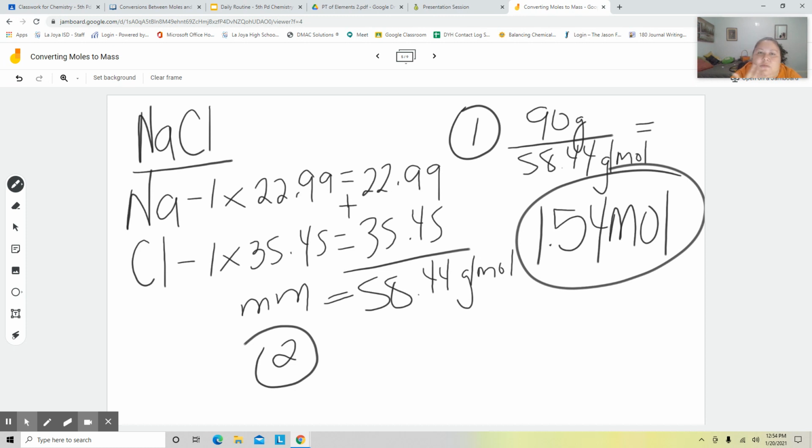So it would be 1 point something. Okay, so 1.54 is correct. Is that what you got, Diamante or Caitlin? You're still getting 155? No, it's 1.54. Okay, yeah, 1.54. You see, Alexia got the same thing.